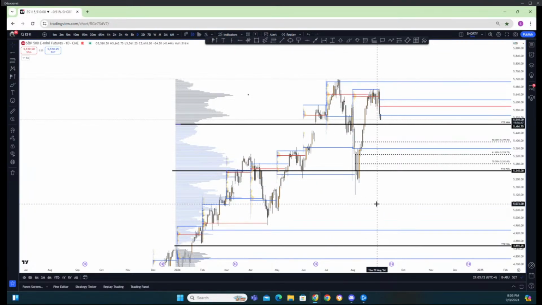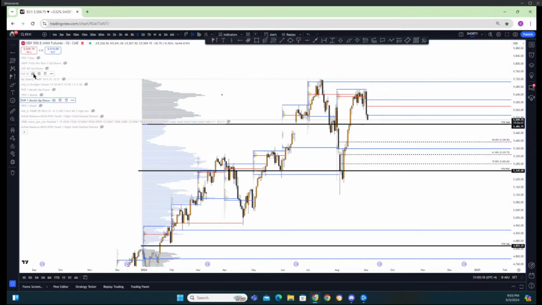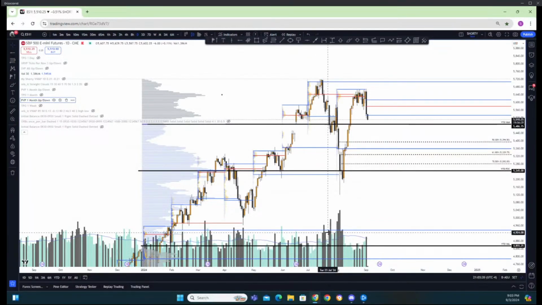Okay. Anyone else? What about the volume? I mean, volume was pretty bad. The only time volume was really picking up was when we were selling right below, I think it was 56.38 sometimes in July. That's when volume started picking up, and ever since, we can't say the same on the buying volume.